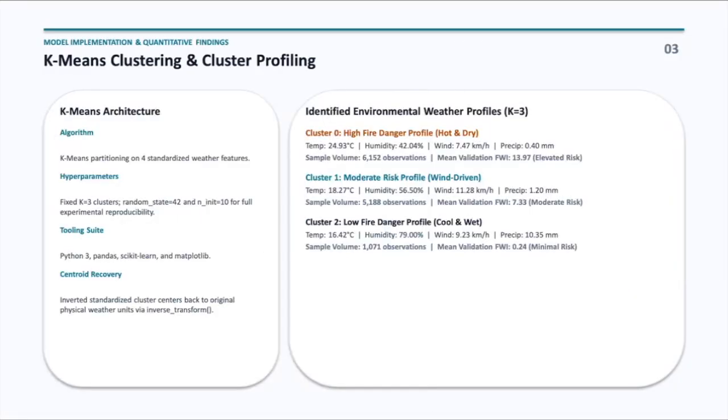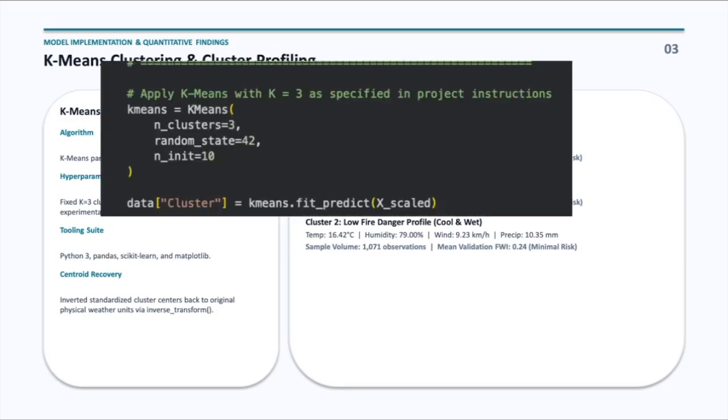So, looking at the methodology, coding, and initial results. For the core methodology, the K-means clustering algorithm was implemented in Python using the scikit-learn library. As shown in the code snippet, the K-means algorithm was set up with k equals 3 clusters and a fixed random state for reproducible results.